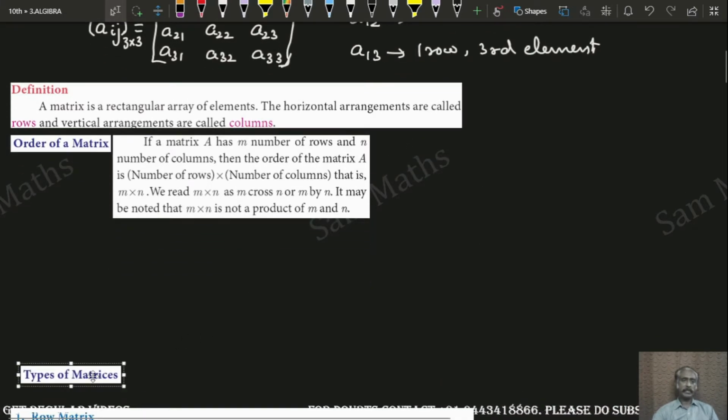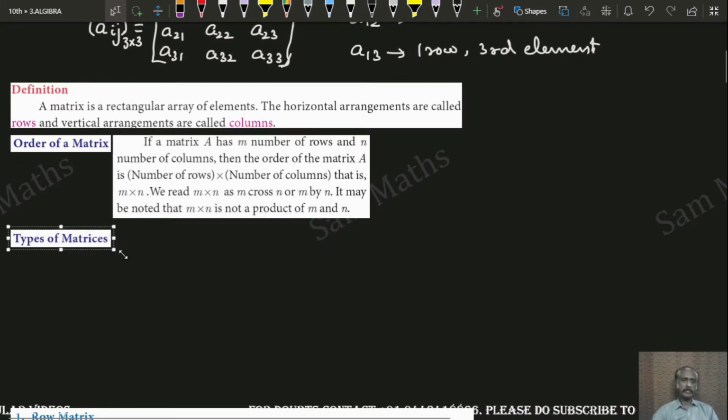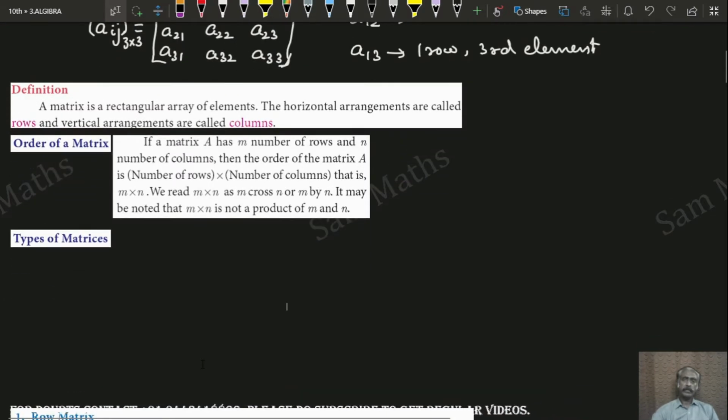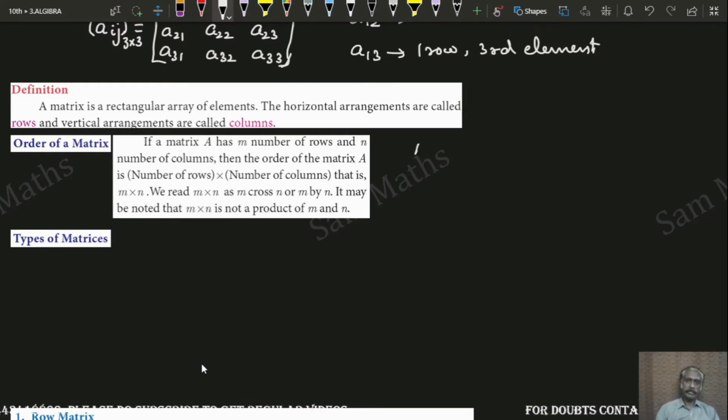Now we can discuss the types of matrices. In order of the matrix, I'll give one or two examples first. Suppose I am taking a matrix A. A is 1, 2, 3. Here only one row is there, therefore it's of order 1 by 3.